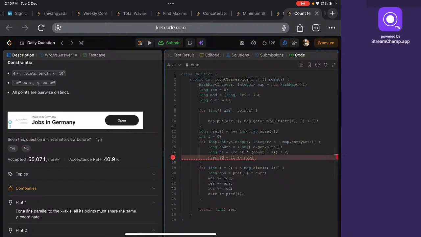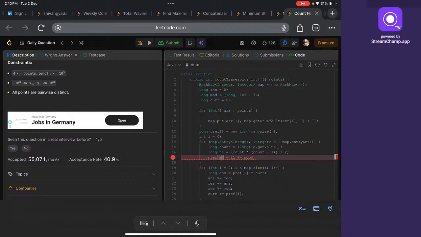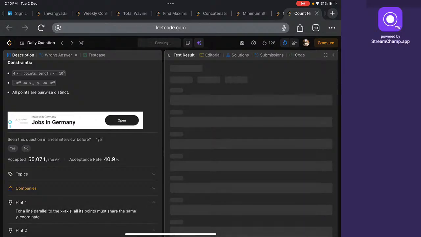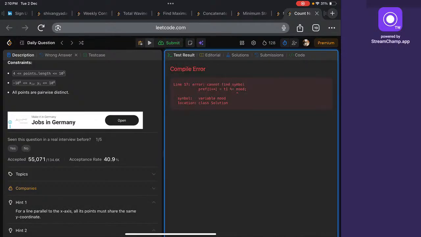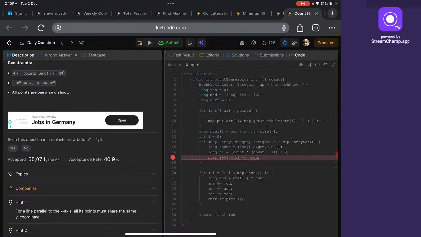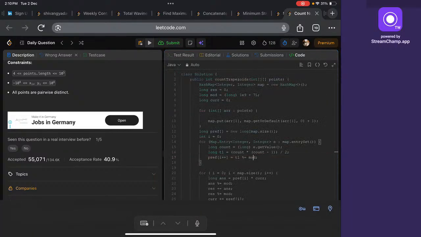Redeclaring it. Okay, I plus plus, I equal to 0. No, I don't need to declare it in the loop. Mod, what is your mod, boy?